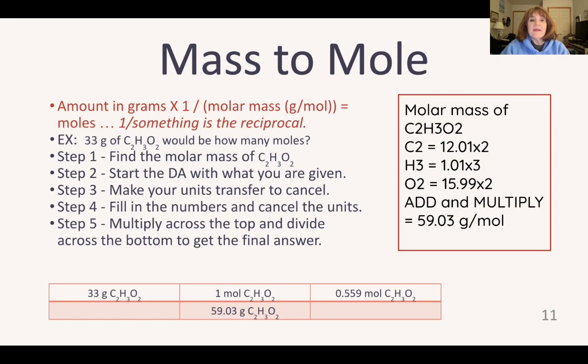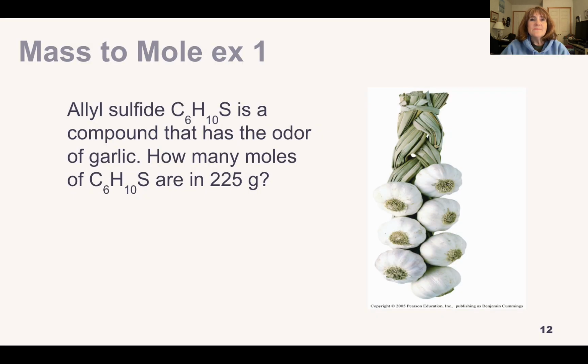We start with what we're given, 33 grams of C2H3O2 times 1 mole of C2H3O2 per 59.03 grams of C2H3O2, ending up multiplying 33 times 1 divided by 59.03 to get 0.559 mole of C2H3O2.